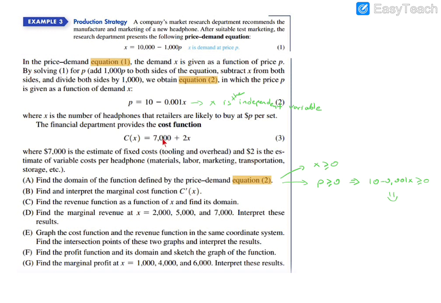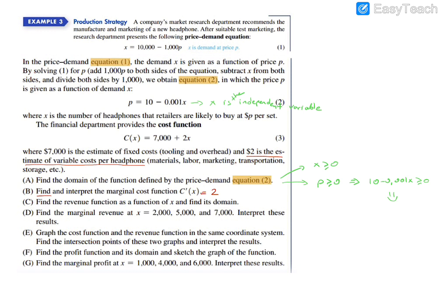From here you can differentiate. The derivative of 7,000 is 0. The derivative of 2x is 2. So the marginal cost function is directly 2. So we found it. Let's interpret this result. In the question, it said $2 is the estimate of the variable cost per heat phone.